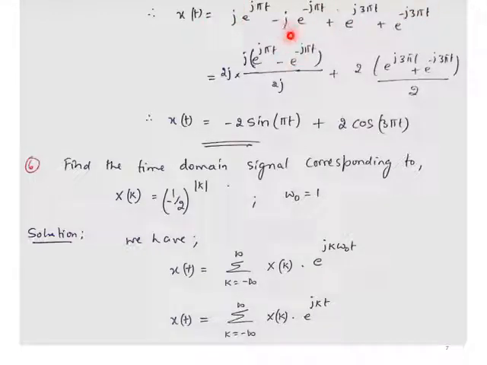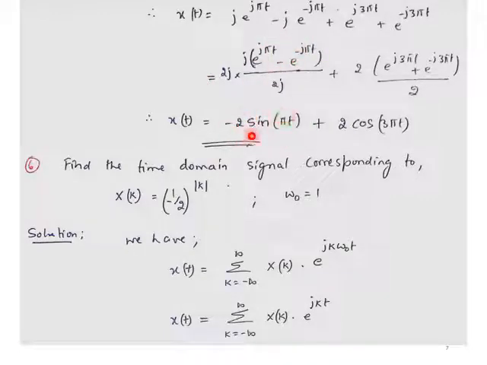Here j is common, and e to the power j pi t minus e to the power minus j pi t we can take outside. If I multiply and divide by 2j, this is e to the power theta minus e to the power minus theta divided by 2j, which gives the sine term. So j into j square, that is minus 1, giving minus 2 sine theta, where theta is pi t here.